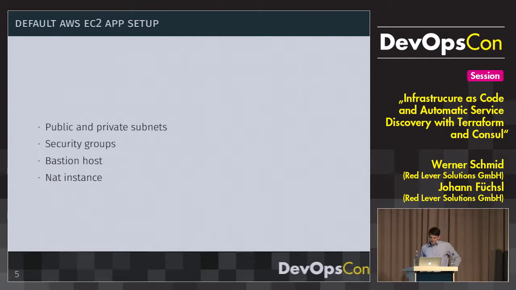What we are doing is we are spinning up more or less a public and a private subnet with security groups to configure access to all our instances. Generally, we want to launch a high availability setup for a web application, which is more or less based on a load balancer in front, and the web application behind it. And the load balancer will be automatically configured via the service discovery that Consul is offering.